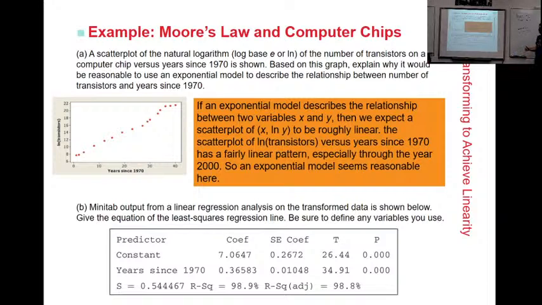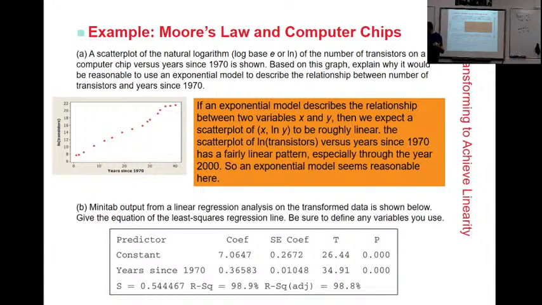So let me talk through that. It is the same structure as your usual equations for lines. Except instead of y hat, since it's exponential, we're going to put log of y hat. But then the right side of the equation is still going to be the same. The constant is my y-intercept, and years since 1970, that's my x variable, and so the coefficient of that is my slope.